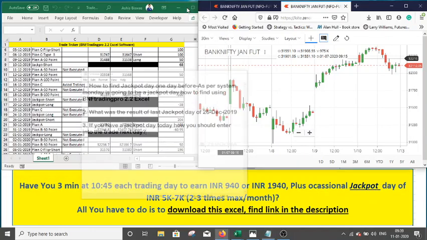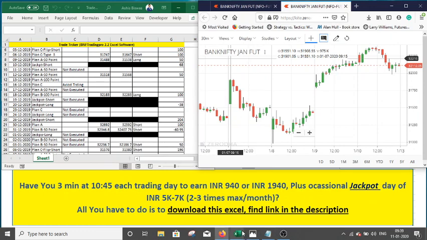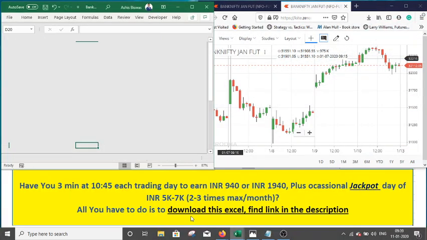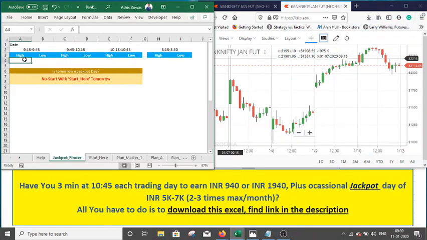Now let's see, using this Excel sheet. Let me open it. We have to put the first 30-minute high and low of the 30-minute candlestick chart after market close to find whether tomorrow is likely to be a big movement or not.